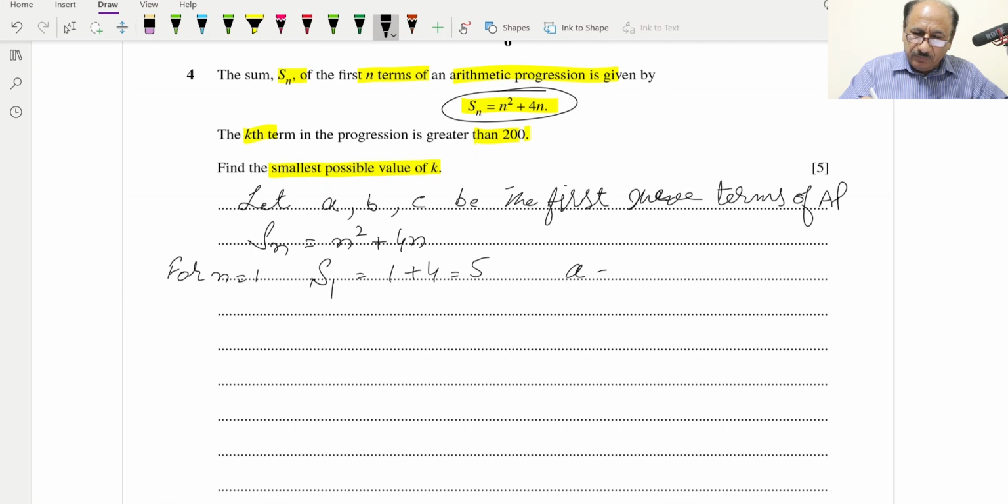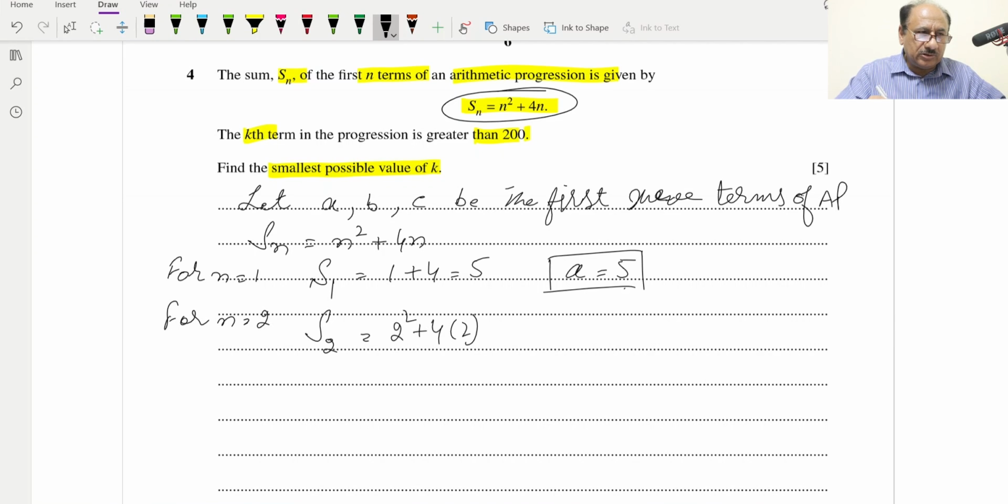So our a will be equal to 5. And now we can write S2, for n is equal to 2. S2 is equal to 2 squared plus 4 into 2, and this will be 4 plus 8, which is equal to 12.